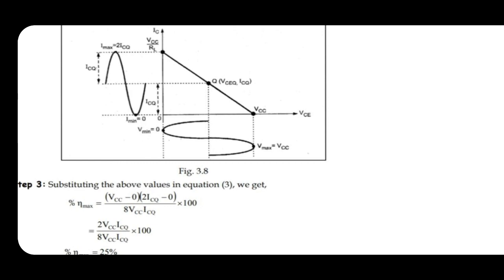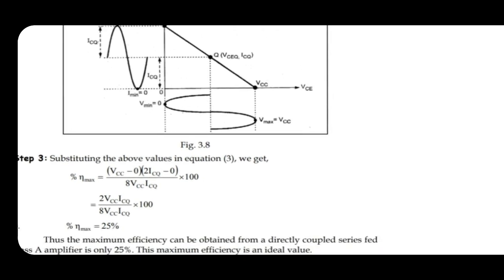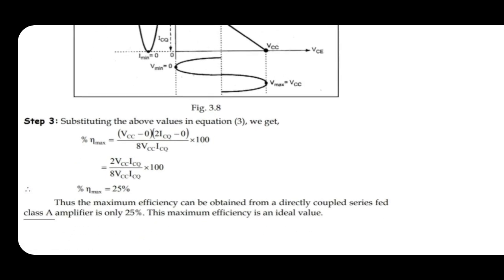Here Imax is 2 times ICQ and Imin is 0. We have to substitute and calculate. This gives 20 to 25 percent efficiency. Vmax is much greater than Vmin, so we can neglect it.